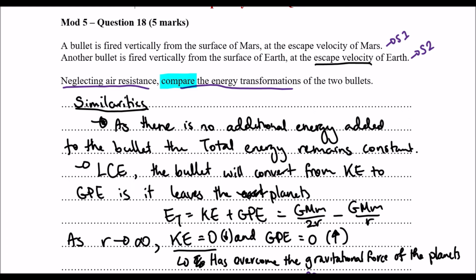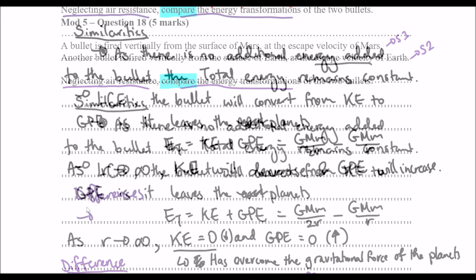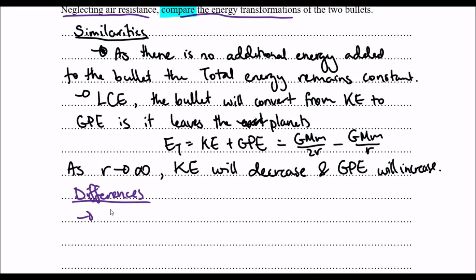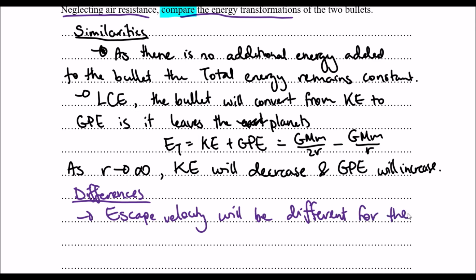Next we need to look at the differences, and I will just write it in our little subheading around here, and we'll go from there. So the escape velocity formula, escape velocity will be different for the two bullets.